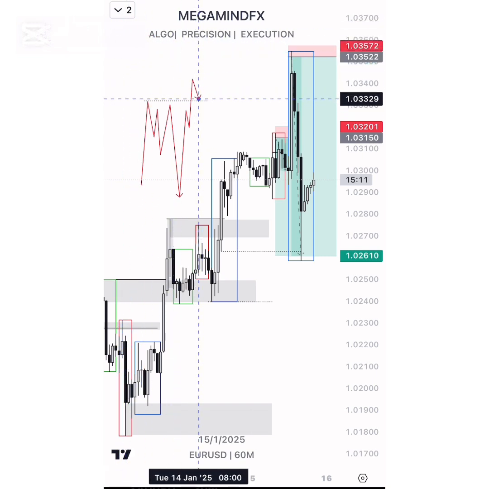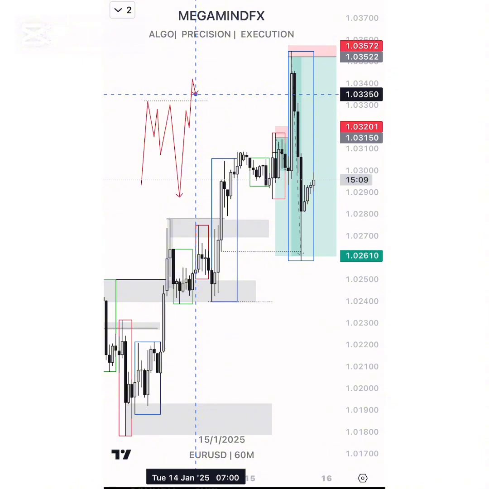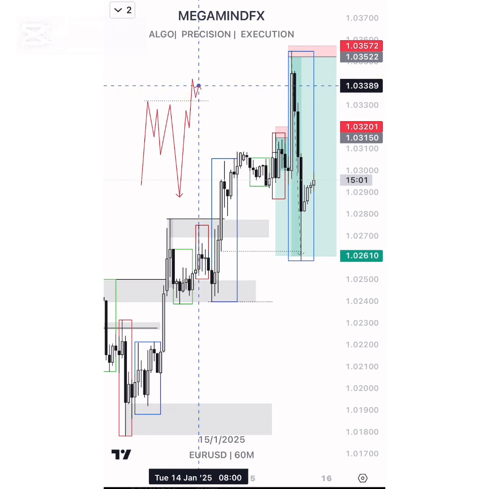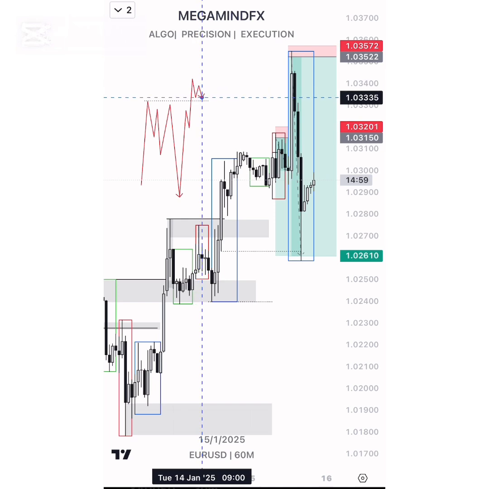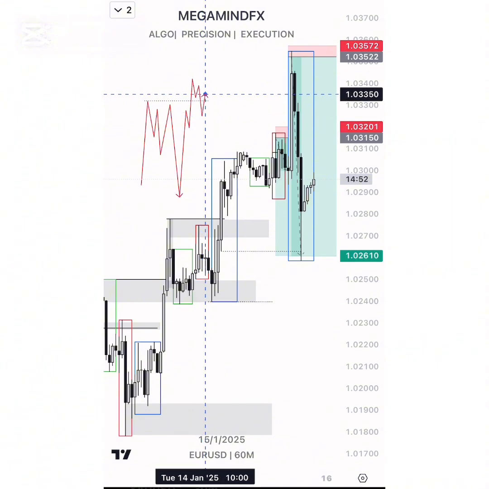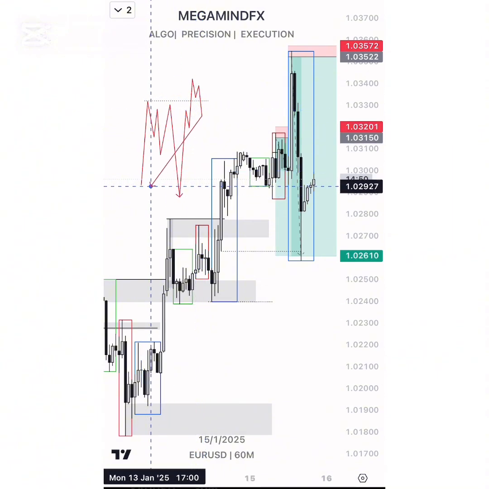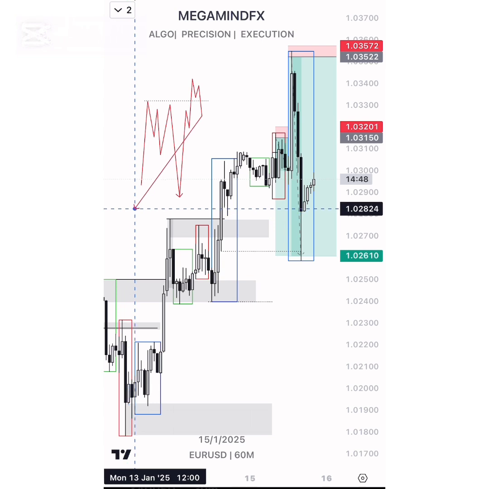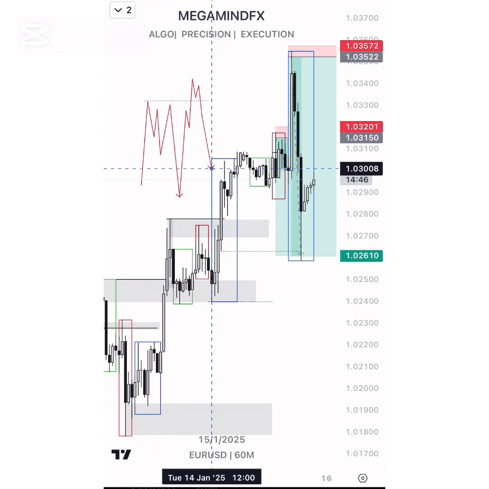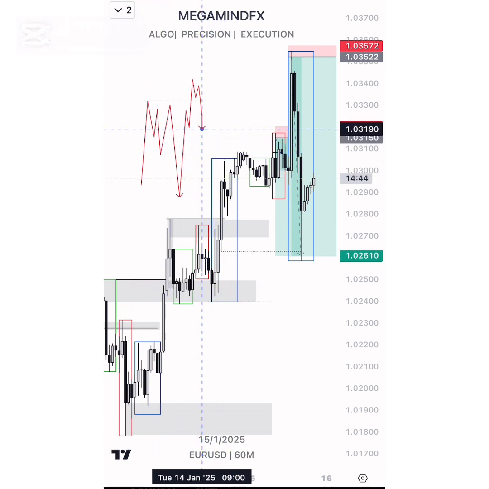Do you understand? So probably during your sessions or during London, we now have another sell order flow. We have a bearish candle, we have a bullish candle, and the bullish candle failure. Do you understand that? Which has created another sell order flow. Now, mind you, this didn't mitigate the buy. I'm just explaining what happened today.